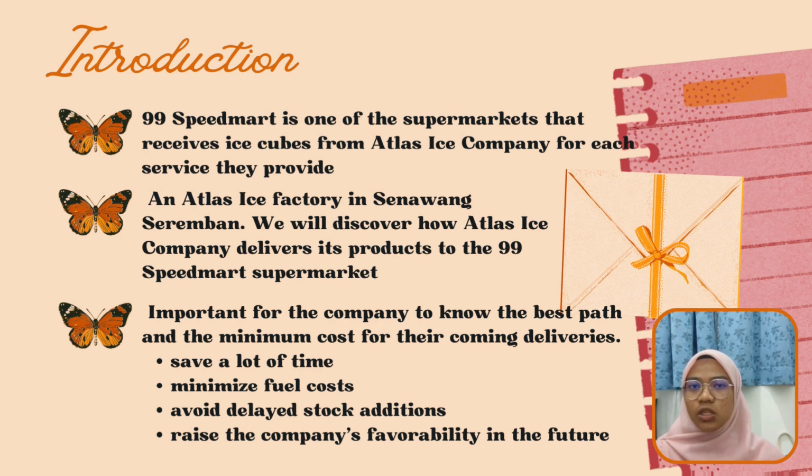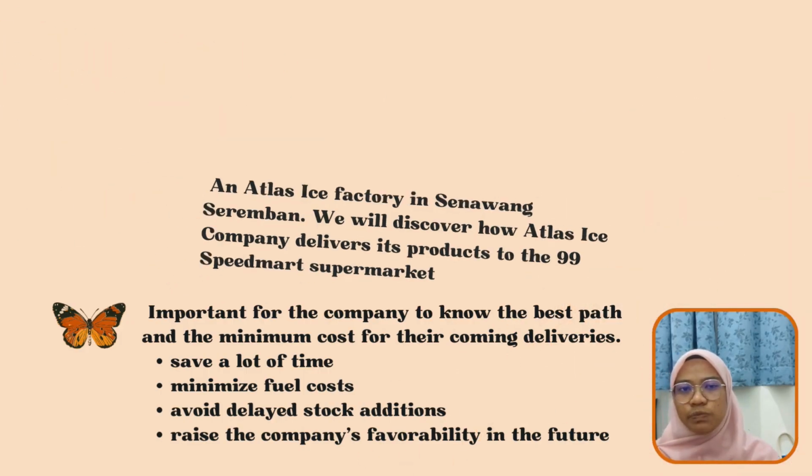It is important for the company to know the best paths and the minimum cost for their deliveries, because it can save a lot of time, minimize fuel costs, avoid delayed stock additions, and also raise the company's favorability in future.